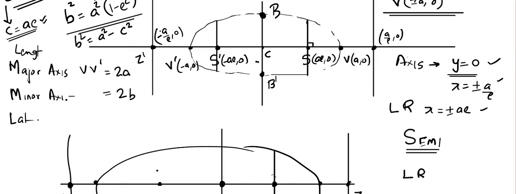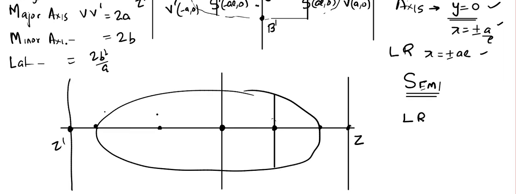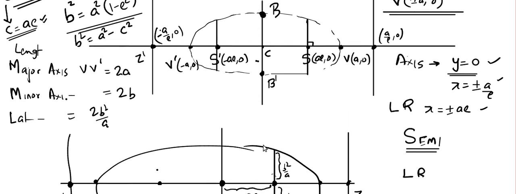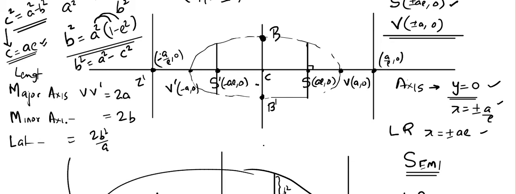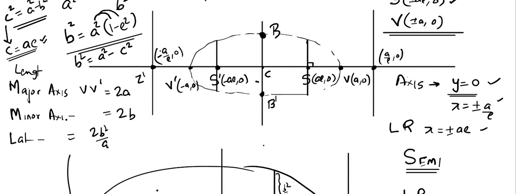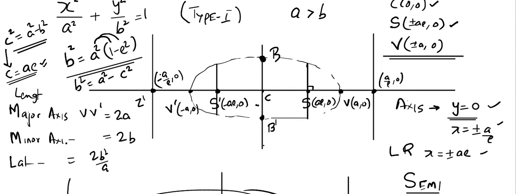The length of latus rectum will be 2b squared by A. So you have to understand this is b square by A and this is also b square by A, and the distance from center to the focus is AE. I strongly recommend you play the video from the beginning once more, but make sure you are 100% clear with the coordinates, the equations and the lengths.